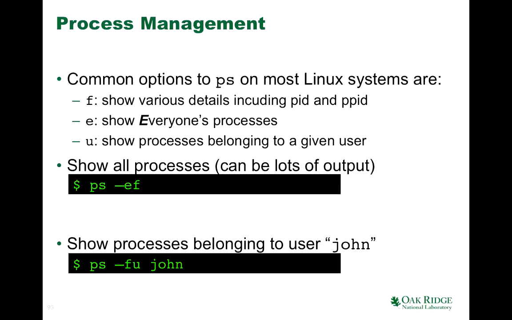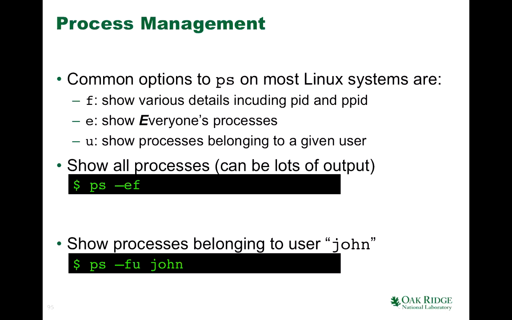If you only wanted to show processes belonging to user John, let's say you want to use the full output version of this, so you have the f there, and then u is used to show username John as the only one that you want to display. So you have that command to show all the full detail for processes by user John. PS is like several Unix commands.